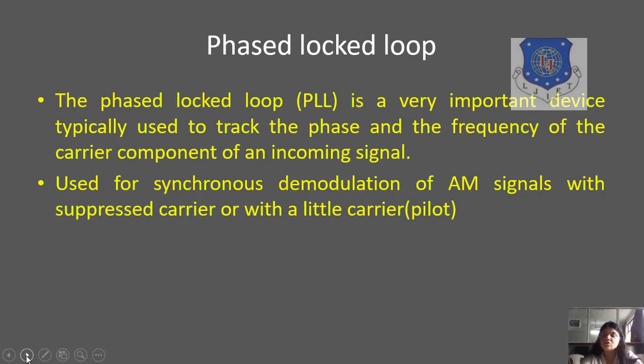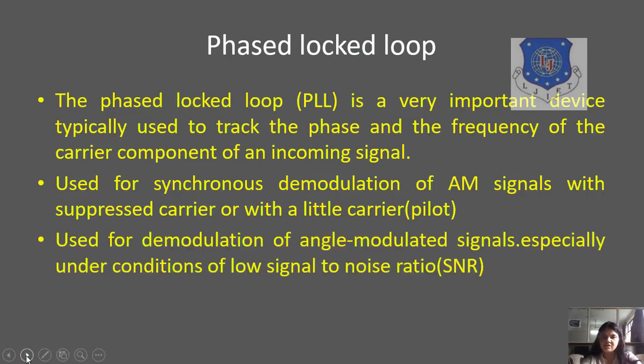It can also be used for the detection of angle modulated signals, especially under the condition of low signal to noise ratio. The angle modulated signals, that is, frequency modulation and phase modulation, we will discuss in the next unit.